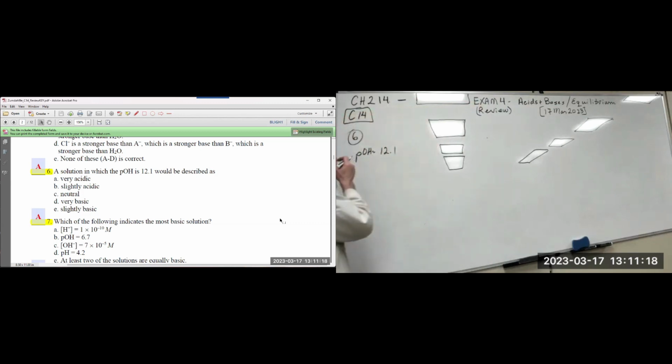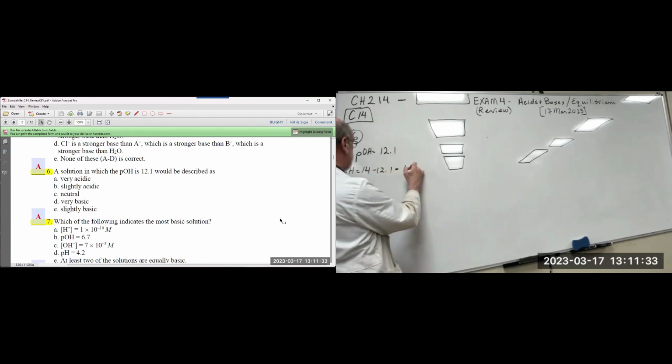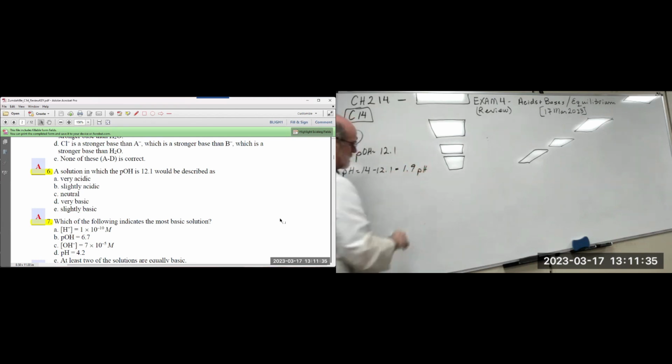There are 2 ways we can go about this. We can say, all right, if we know that that's pOH, then pH would be 14 minus 12.1, correct? Yeah. So that would be 1.9 pH, which is very acidic.